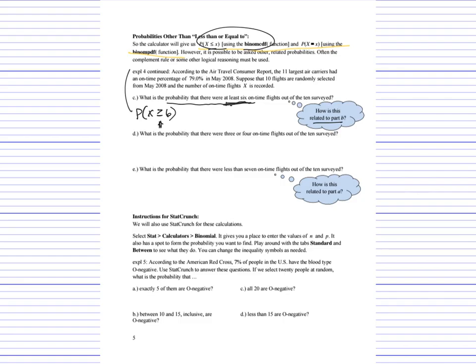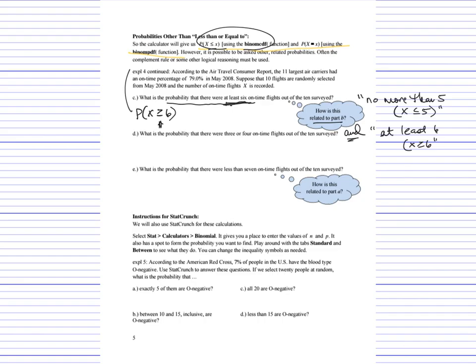Would you agree that the events no more than 5, and let's put that in inequality notation, and at least 6, let's put that in inequality notation, would you agree those are complements?